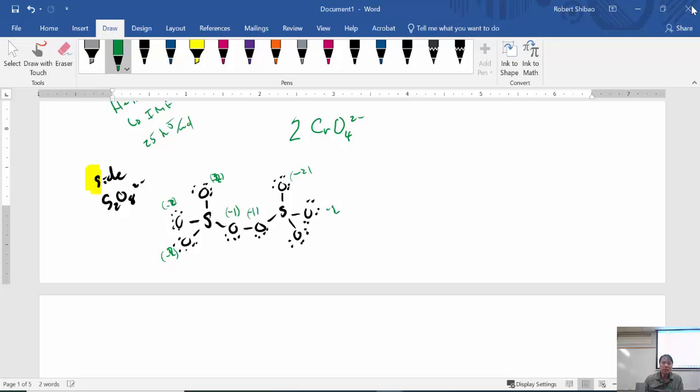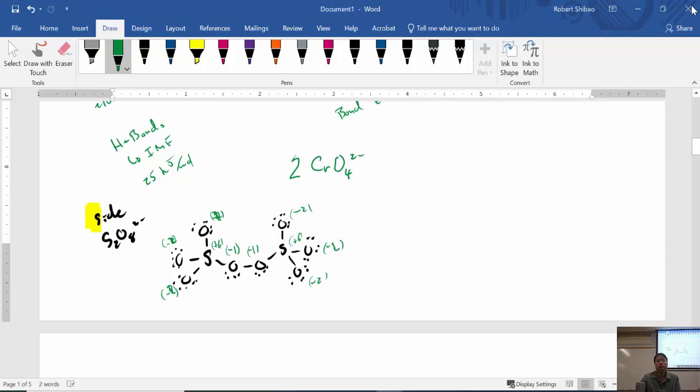What's the oxidation state on sulfur? Each sulfur is +6. So what this is, it's a peroxide.